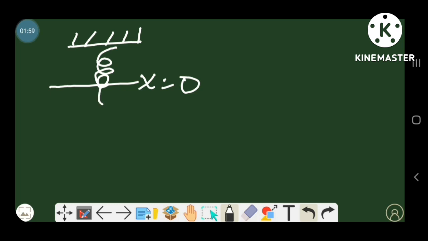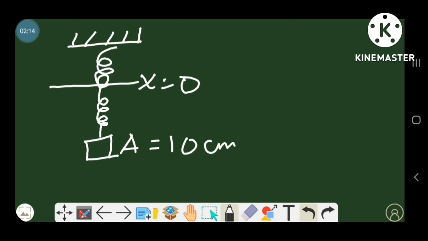If we displace an object a distance x, which is the amplitude, in short equals 10 centimeters. Before that, the first question asks what would be the velocity of such an oscillatory object at a distance of x equals 6 centimeters.